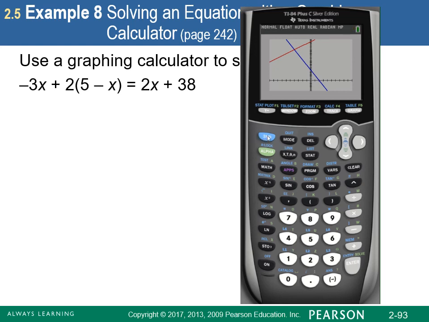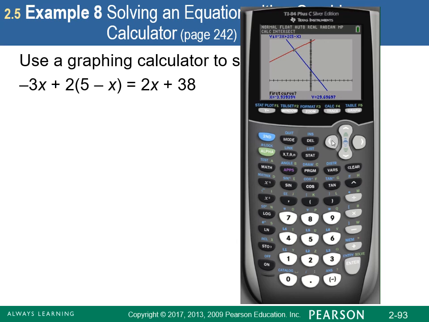On my calculator, I'm going to go second, calc, that's up above the trace key, and sure enough, number 5 is intersect. Now the way you use that, I'll explain someday what the questions mean, but you want to put the cursor, using the left and right arrow keys, close to where the 2 lines cross.